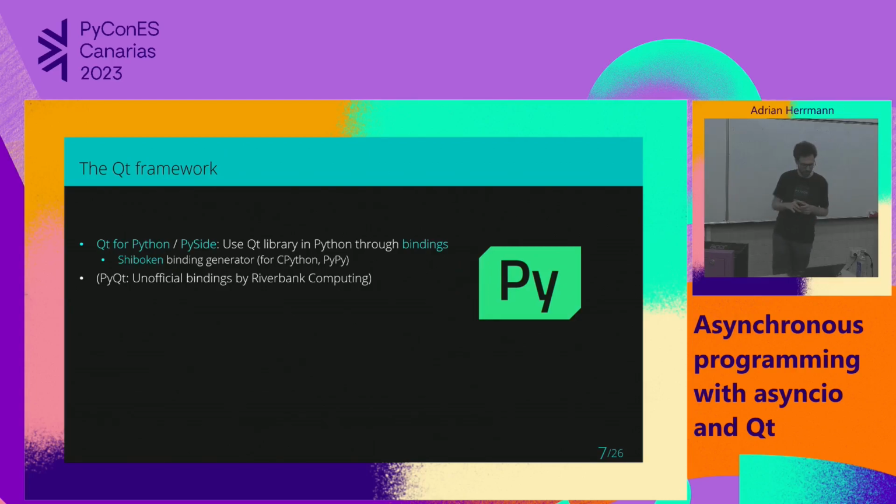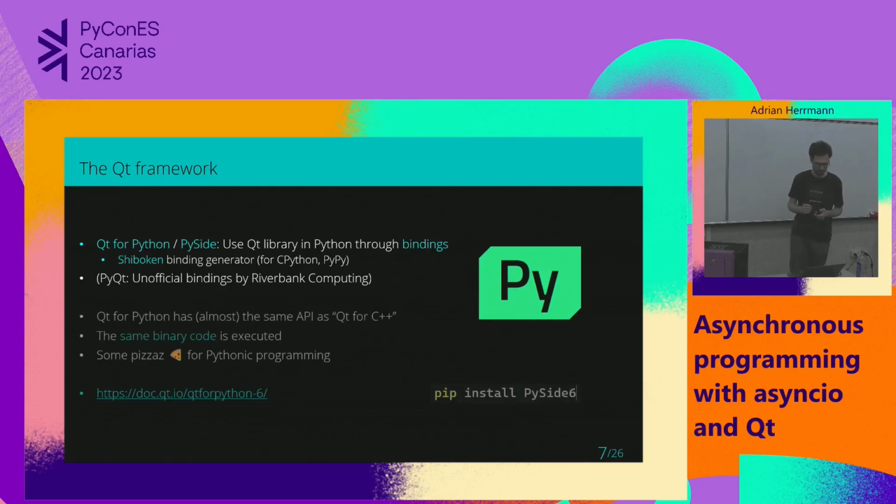A few of you might have heard of PyQt, and maybe are a bit confused right now. PyQt is the same idea. It's also a collection of bindings, but it's not from the Qt company. It's an unofficial series of bindings. And there's a bit more to Qt for Python than just the bindings. But if you know what PyQt is, you know basically what PySide is, because the idea is the same: bindings between Python and the native libraries.